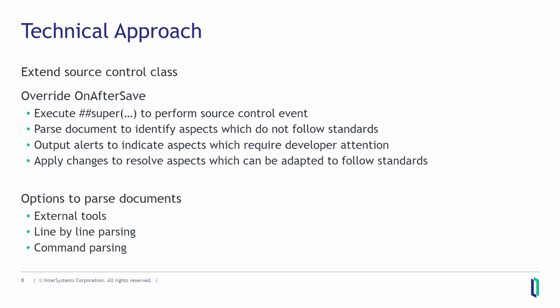So looking at a particular block of code, what do you want to do with it? For example, you may want to go down line by line and identify issues and change them. You may want to call an external tool that is going to do some parsing and give you some input.